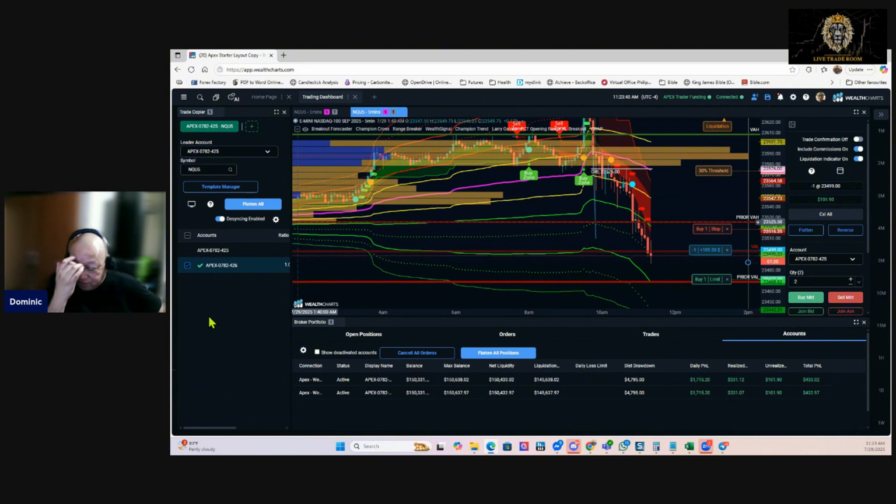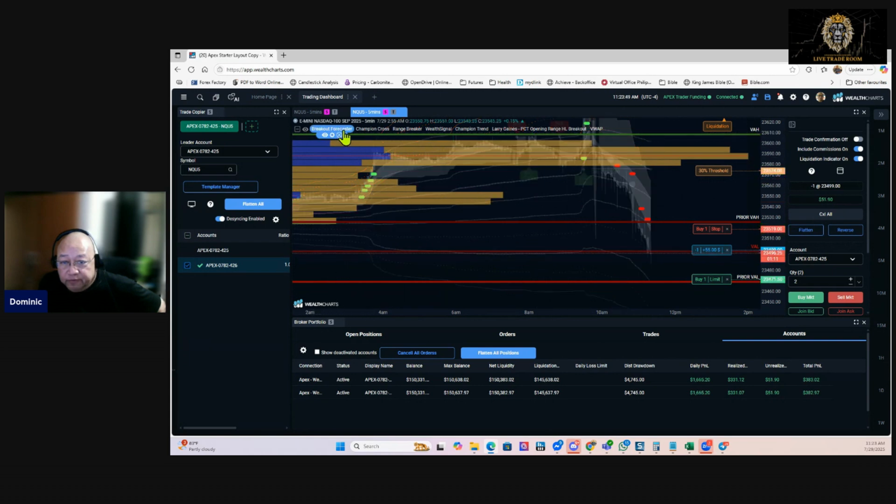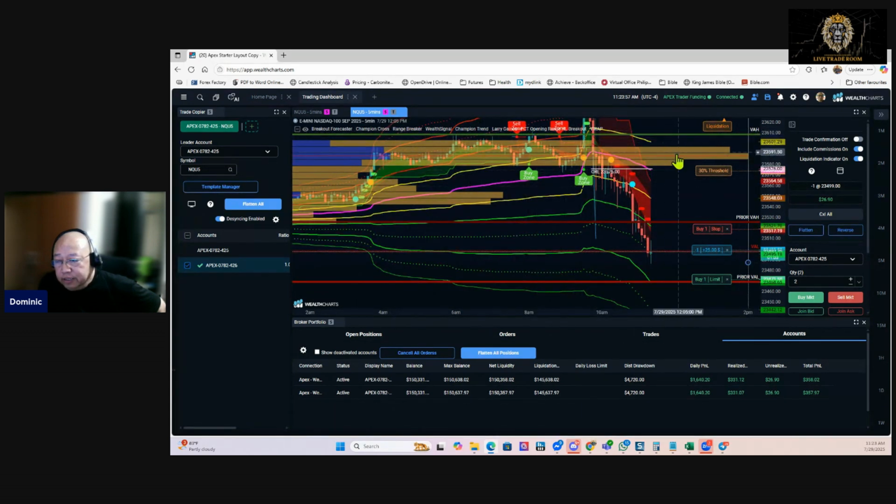And these are the proprietary indicators. The VWAP is not a proprietary indicator, but these other ones are, like the Breakout Forecaster and a lot of these others. Those are proprietary indicators that I use, and they've been helping me. So yeah, really good.